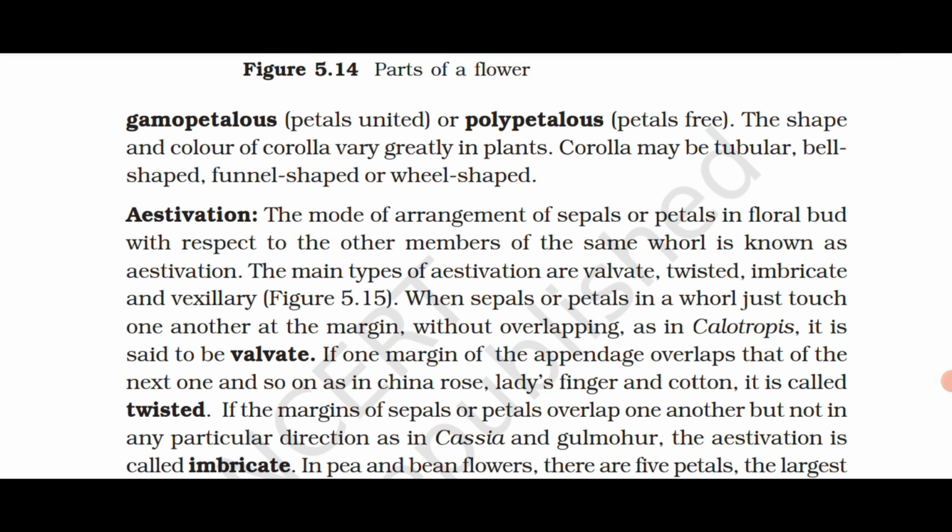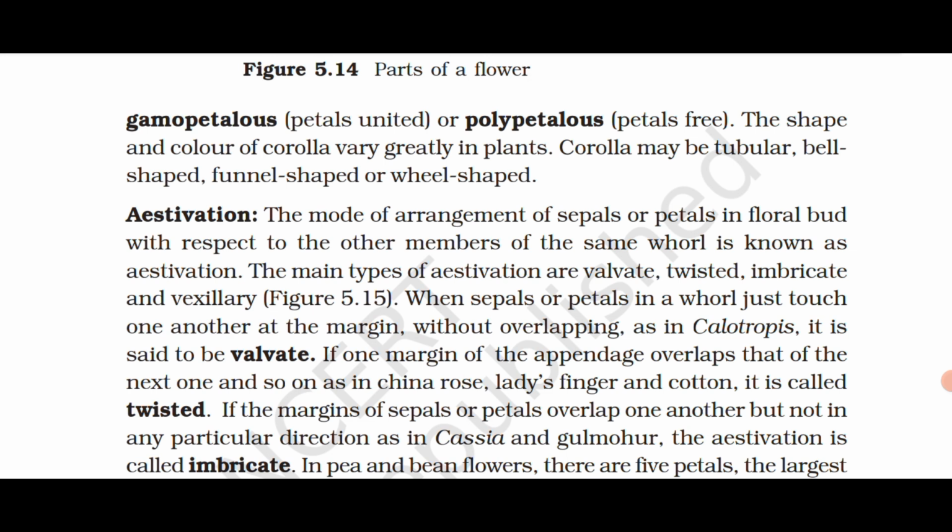Aestivation: the mode of arrangement of sepals or petals in floral bud with respect to the other members of the same whorl is known as aestivation. The main types of aestivation are valvate, twisted, imbricate, and vexillary.